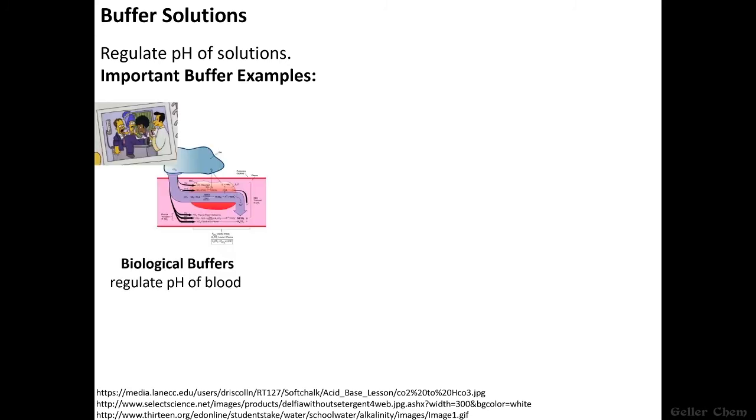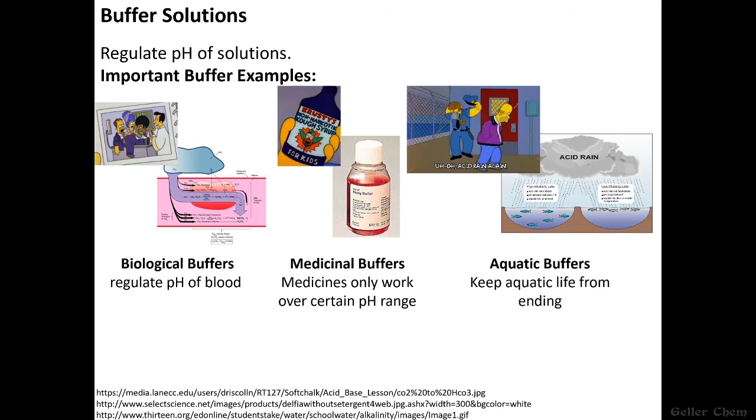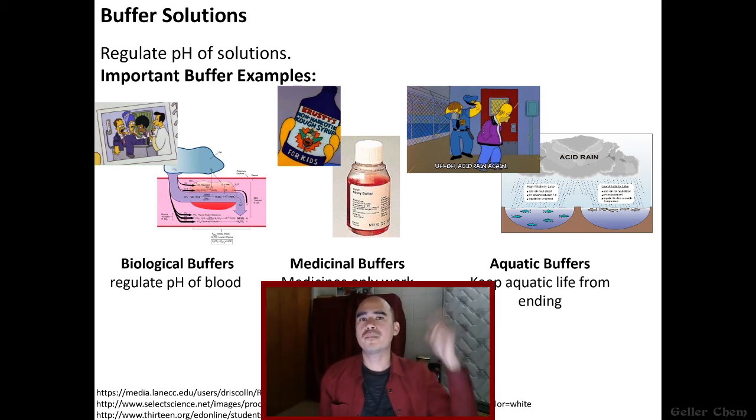Some important buffer examples, well, we have biological buffers in our bodies. They regulate the pH of our blood and make sure that we stay safe and healthy. There's medicinal buffers, because medicines only work over a certain pH range, and so we need to keep that pH relatively stable. There are aquatic buffers that keep aquatic life from ending when acid rain enters these marine biospheres. So, future biochemists, doctors, environmental scientists, buffers are important.